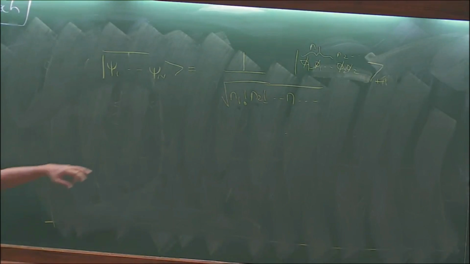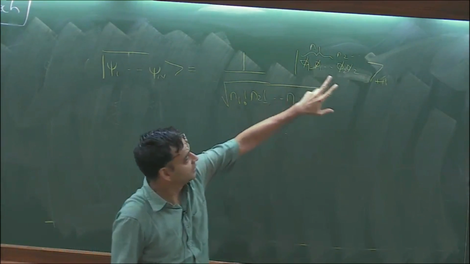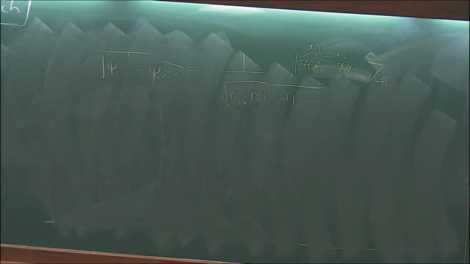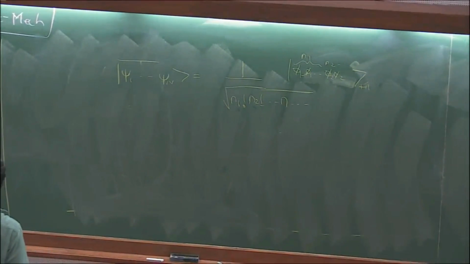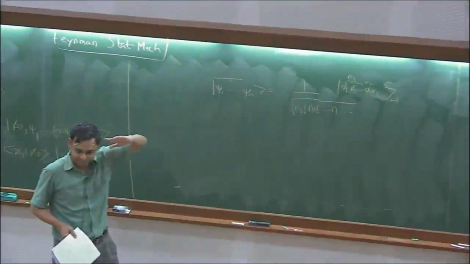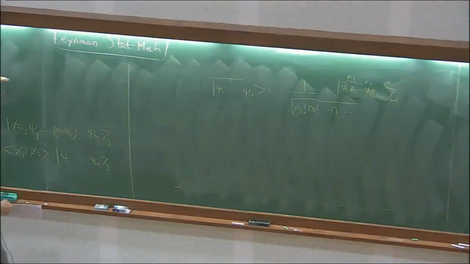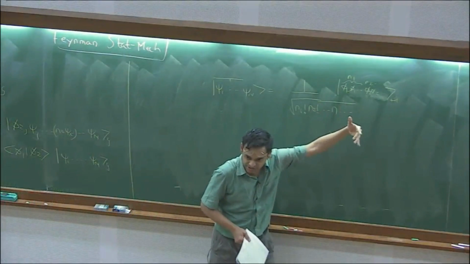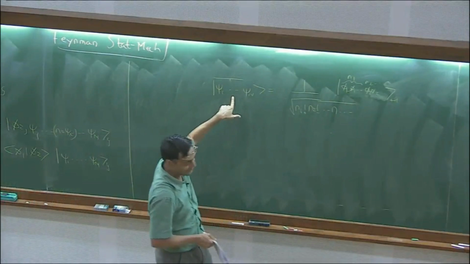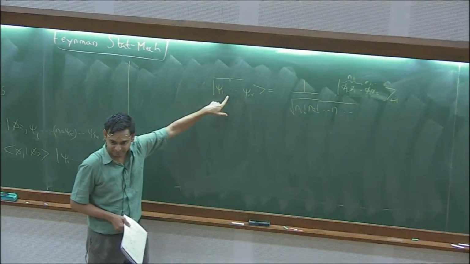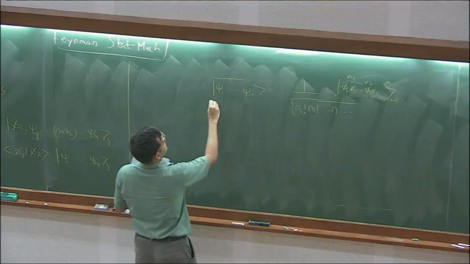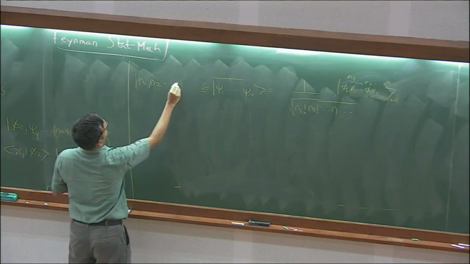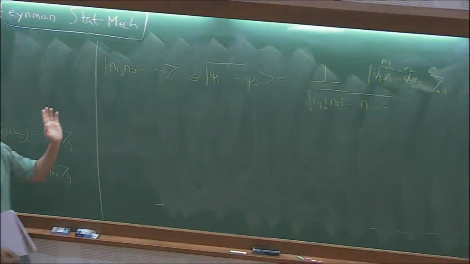So you had n1 particles in state phi 1, n2 in state phi 2, and so on. Now we know the action of A dagger of some phi on a general, unnormalized ket. We can use that and ask what is the corresponding action on these kets. I can write these normalized kets simply as |n1, n2, ...>, without writing everything down.